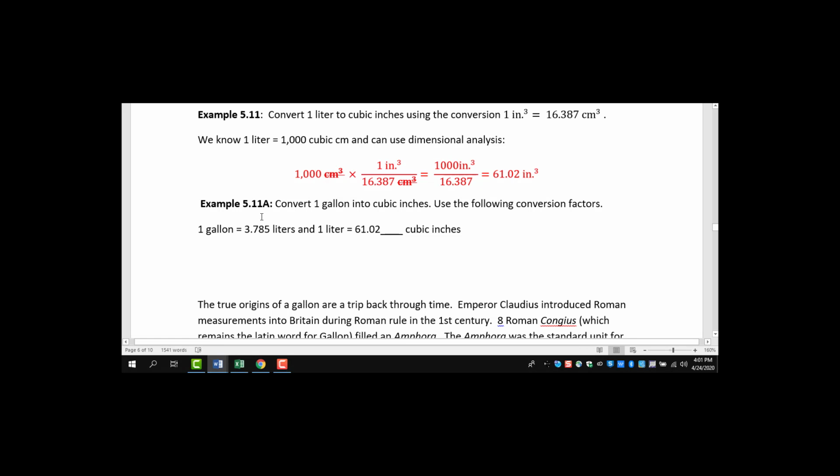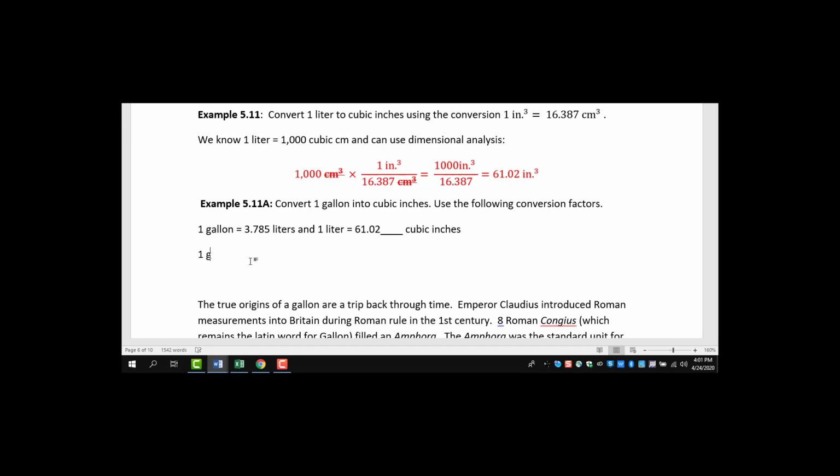So we want to convert 1 gallon. We can go from gallons to liters and then liters to cubic inches. So pause here, and I'm going to put the dimensional analysis conversion on here.